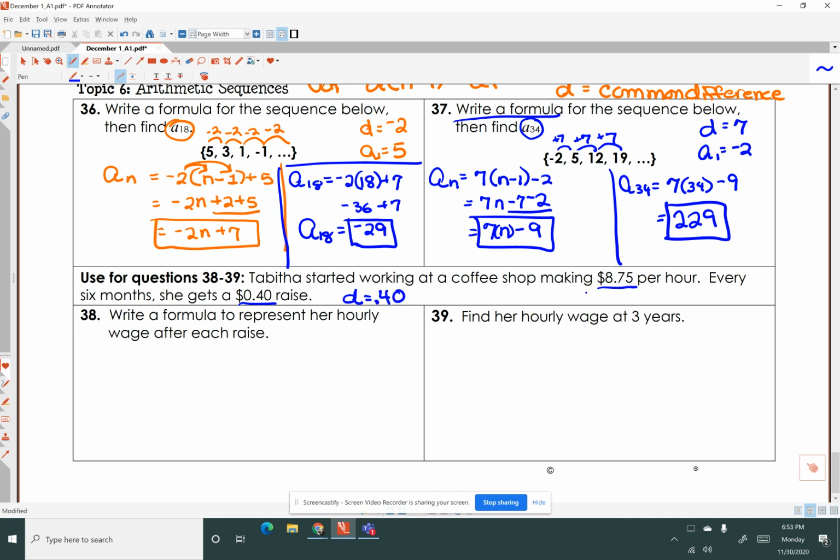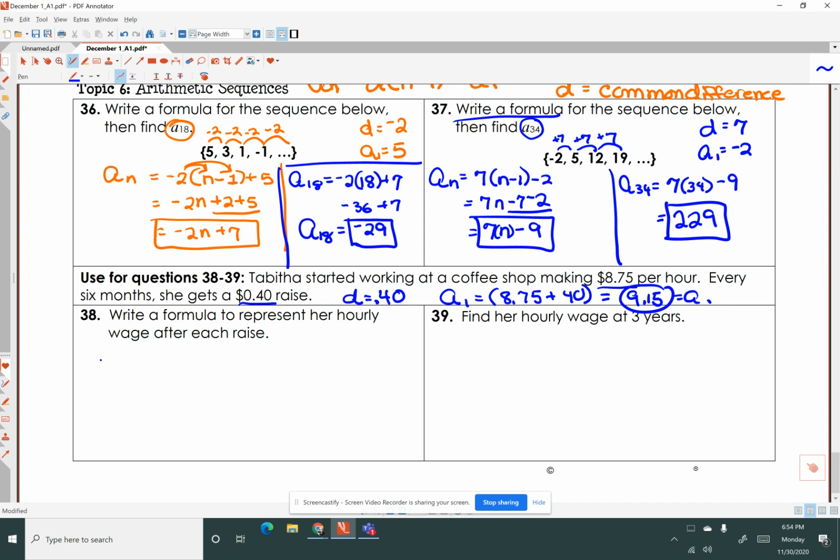But our first term is 8.75, plus the first iteration of the raise, plus 40 cents. So that would equal $9.15. So this is our first term.